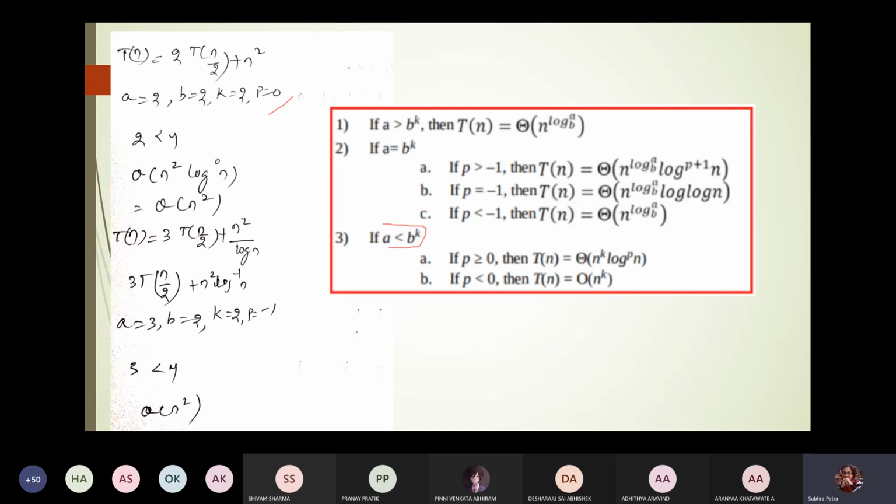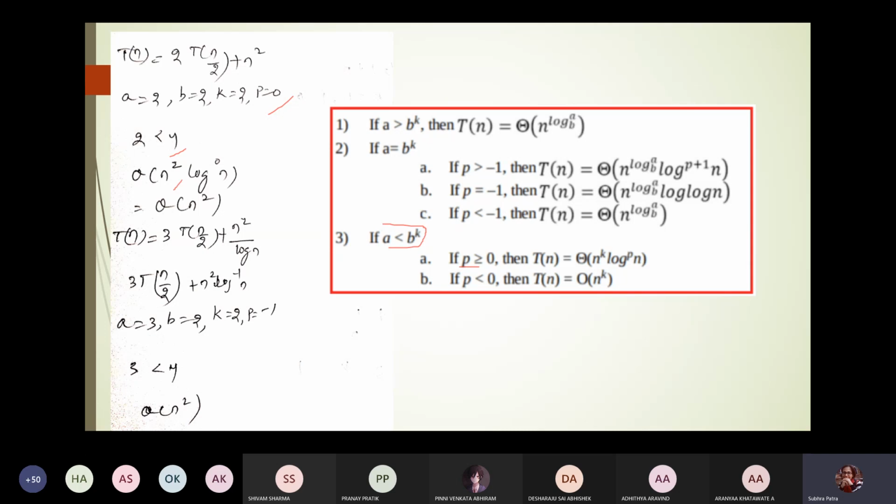For that, you can check what the P value is. P equal to 0, so the first case would be applied. That's why it will be theta of n raised to K, so K is 2, and n to the power 2 times log n raised to P, which is 1. That's why it has become simply theta of n squared.